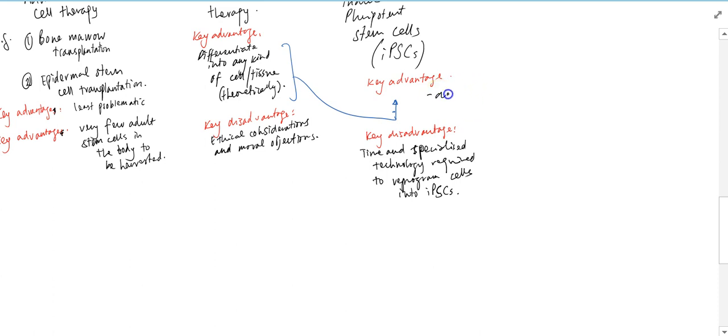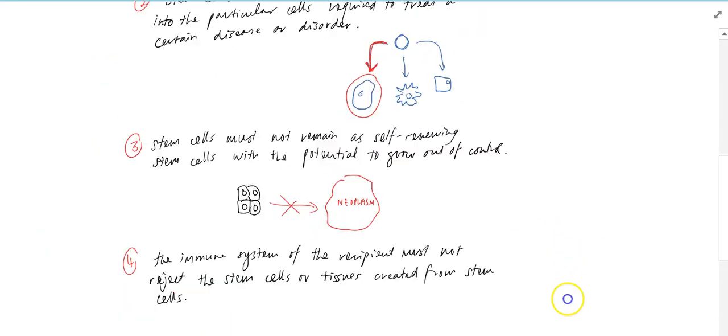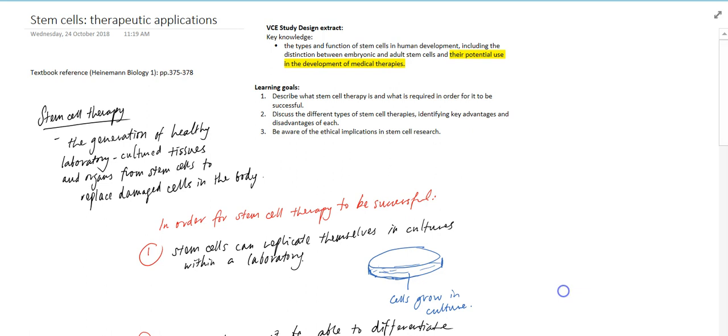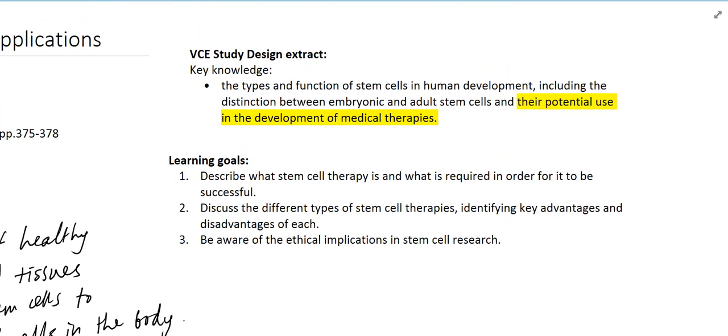There is no risk of rejection by the immune system of these new cells because they belong to the body. Usually rejection occurs because the body recognizes that those cells are not part of the body, that they're foreign matter, so it destroys them.